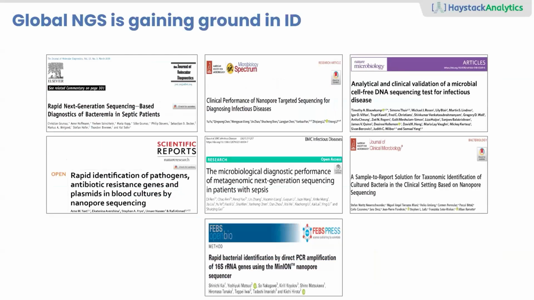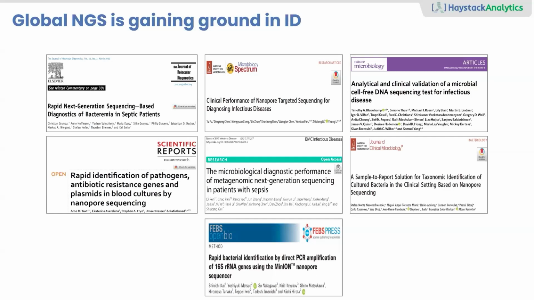There are a lot of papers on NGS for diagnosis of infectious disease. Here, one paper is rapid next generation sequencing based diagnosis of bacteria in septic patients. We have a clinical performance study of nanopore sequencing for diagnosis of infectious disease. We have rapid identification of pathogen, antibiotic resistance genes and plasmids from blood cultures by nanopore sequencing.